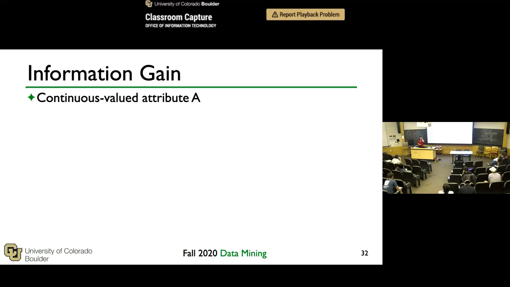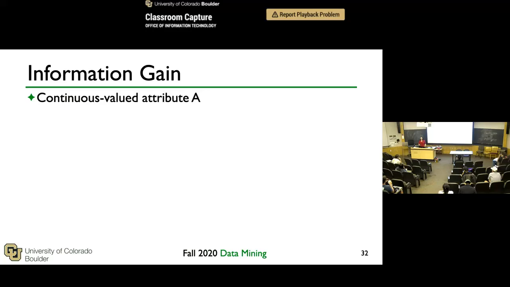Okay. So we talk about information gain. We say that, okay, great, because information gain tries to assign the branches based on the values. So if you have a few unique values, you have 1 branch per value for the attribute.